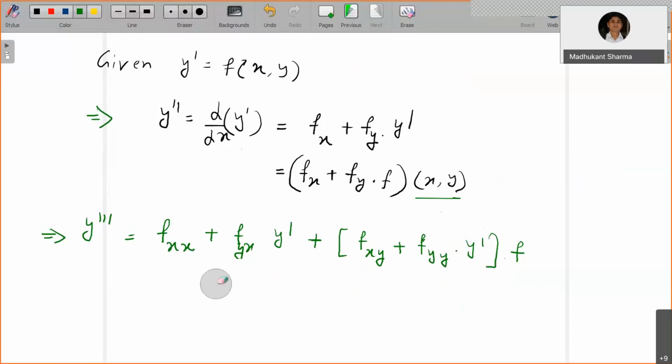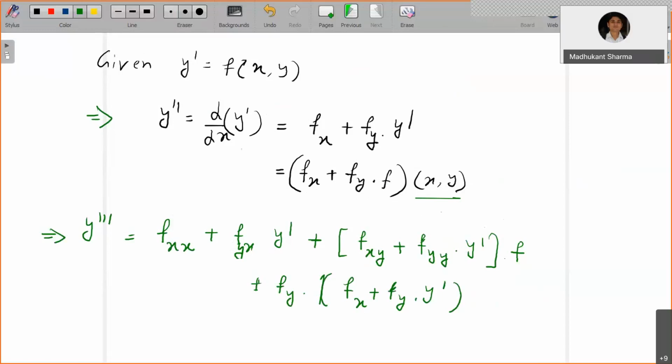We are differentiating fy dot f, so f into the derivative of fy, plus fy into the derivative of f, the total derivative fx plus fy dot y dash.